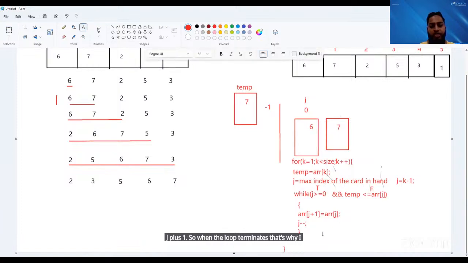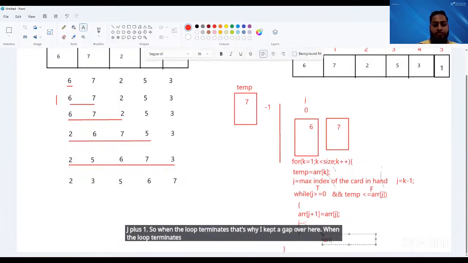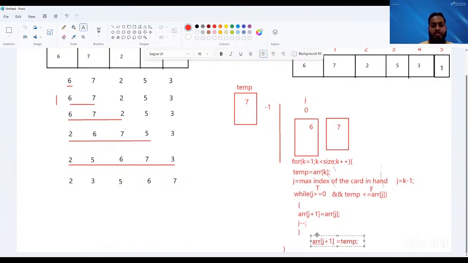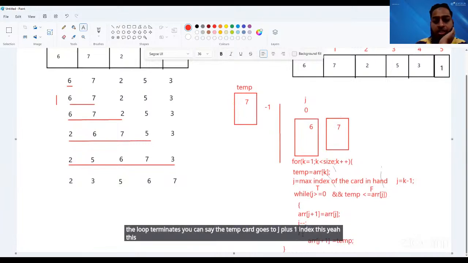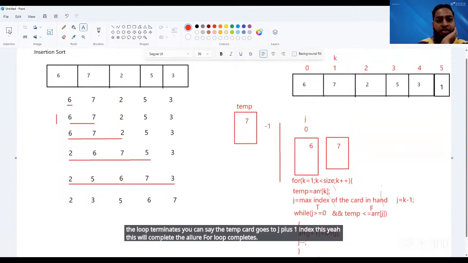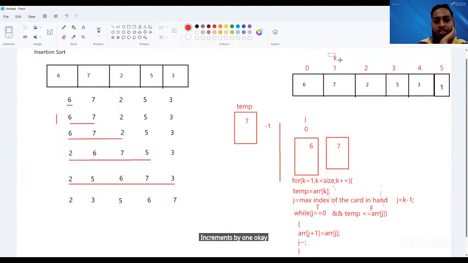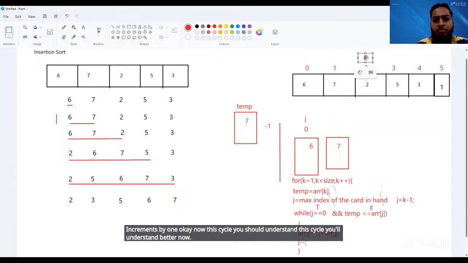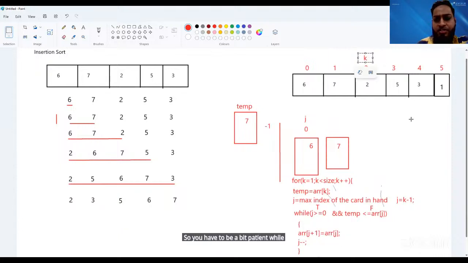When the loop terminates, the temp card goes to the J plus 1 index. This will complete the algorithm. The for loop completes, K increments by 1. Now this cycle you should understand. You have to be a bit patient while learning data structures.